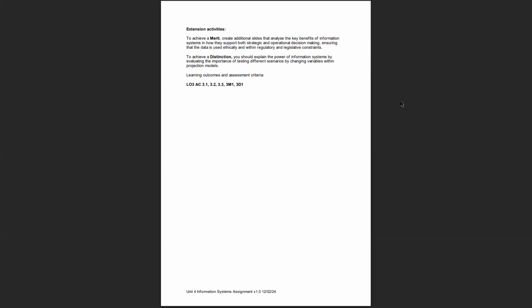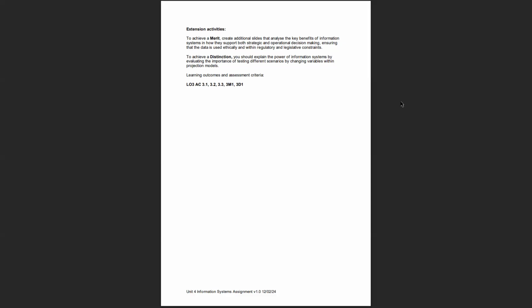So we also have an extension activity. To achieve a merit, you now have to create an additional slide that analyzes the key benefits of information systems in how they support both strategic and operational decision making, ensuring that the data is used ethically and within regulation and legislative constraints.